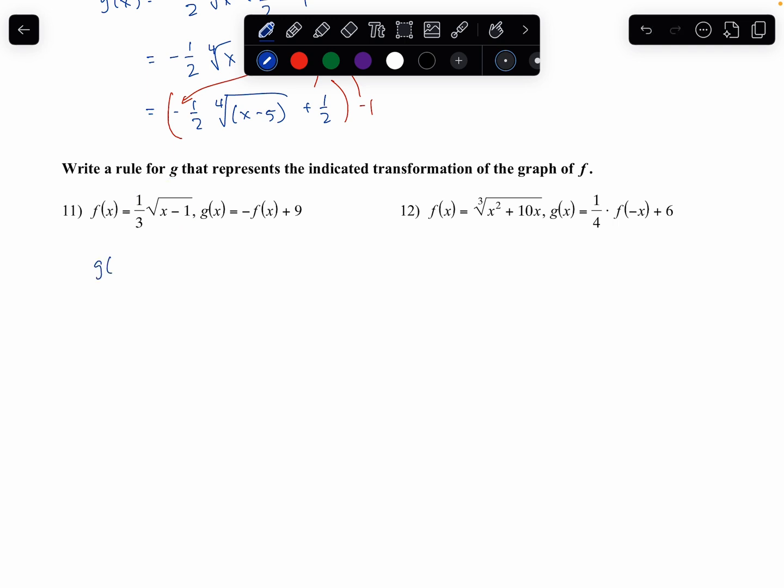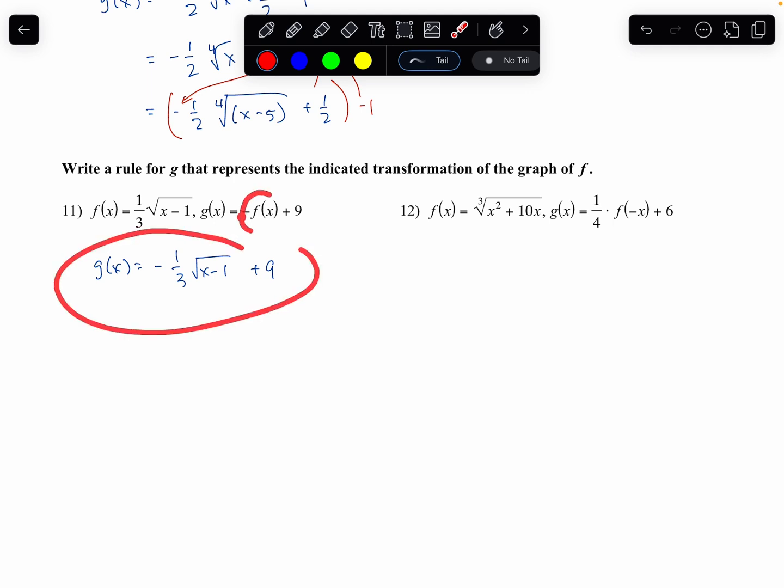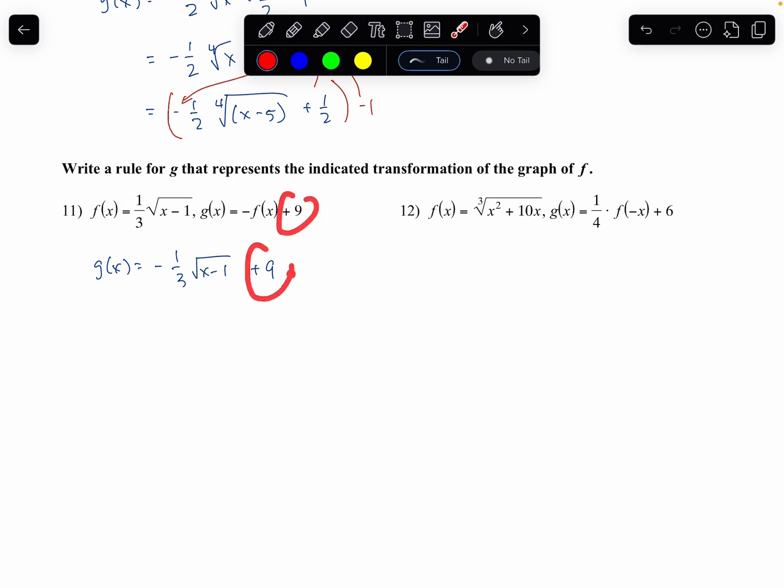So that means g of x is going to be equal to negative 1/3 square root of x plus minus 1, and then plus 9 afterwards. So I think that's all we're doing. So first we make f of x negative, so we're going to make this negative. That's a reflection in the x-axis. And then we're going to add 9.